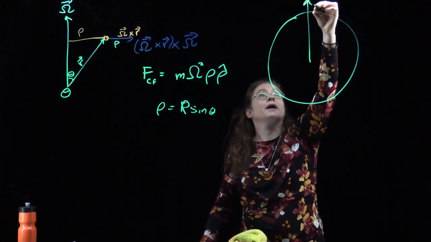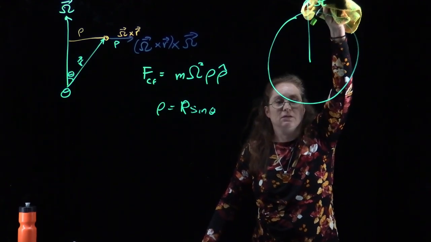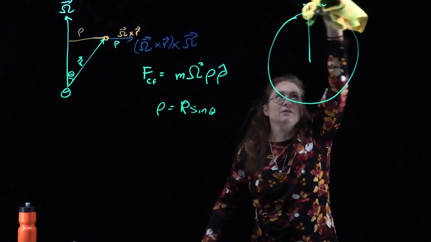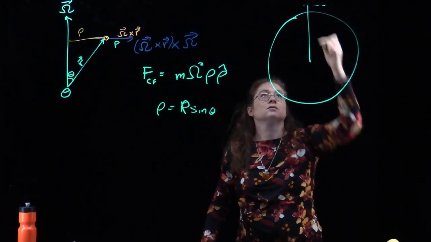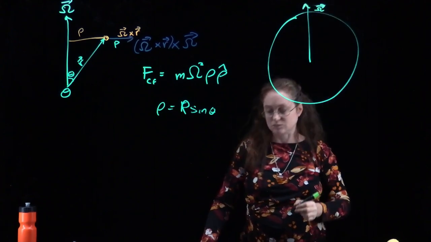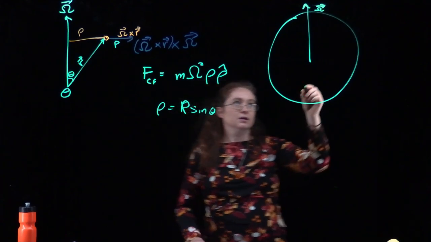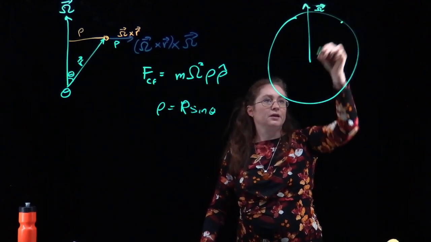This is omega, the rotation of the Earth. And that is just a little bit taller than I can fit. Capital omega is like that. And I have some point here.